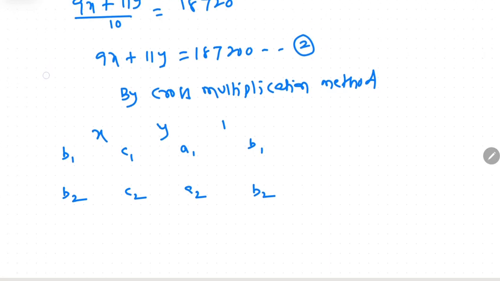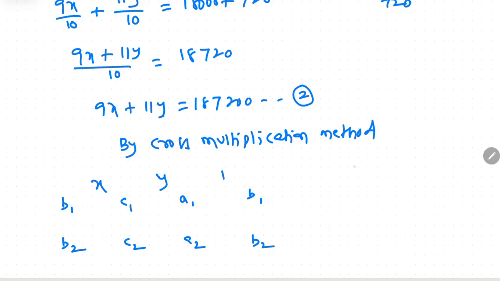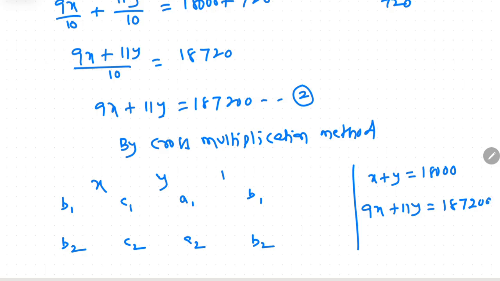What is the equation we are having? x plus y is equal to 18,000 and 9x plus 11y is equal to 1,87,200. So b1 is 1. c1, on transposing, will have a negative sign, minus 18,000. a1 is 1, b1 is 1.